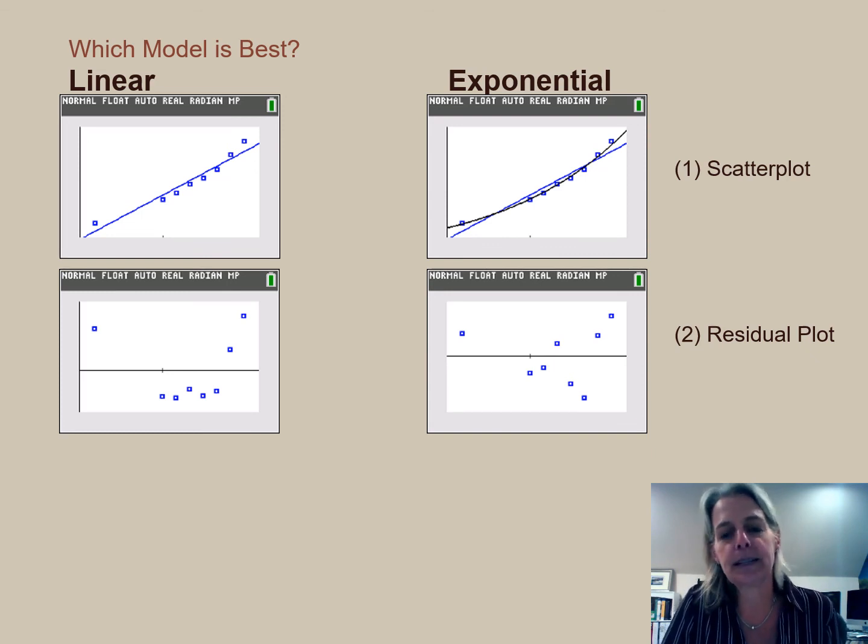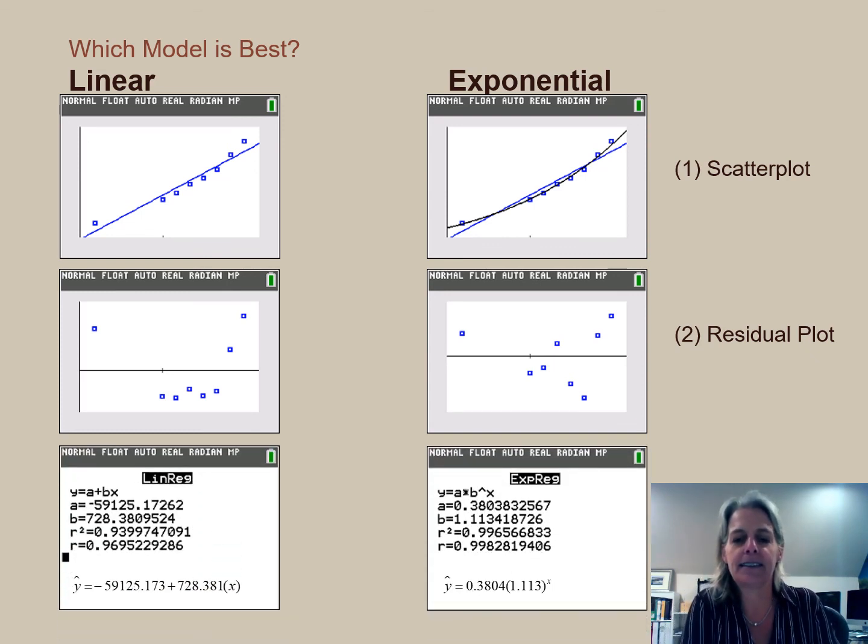So again, the exponential model is better there. And then I can look at my R and R squared values. The correlation coefficient and the coefficient of determination are both higher in the exponential model when we use the transformed data than they are in the linear model.